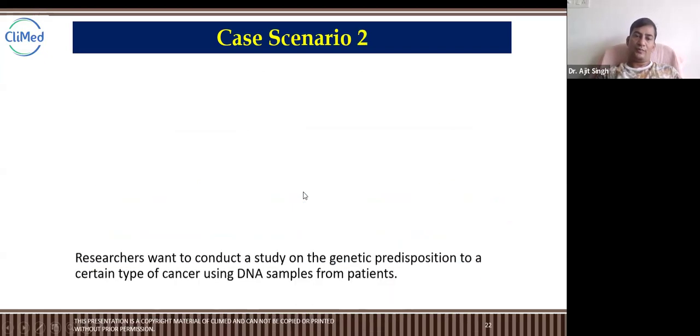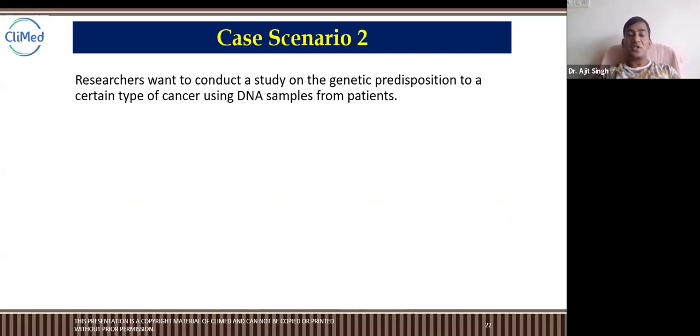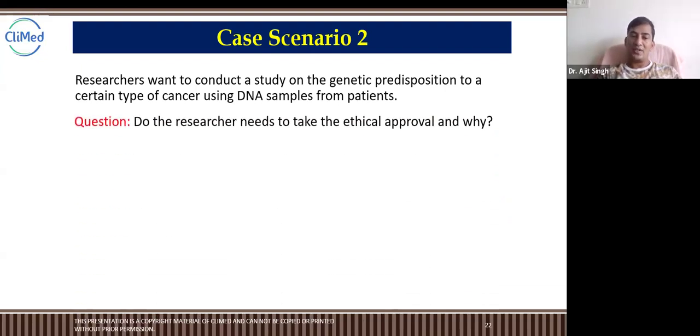Case scenario 2. Yes, guys, it's a little typical. Researchers want to conduct a study on genetic predisposition to a certain type of cancer using only DNA samples from patients. Question is, do the researchers need to take the ethics approval and why?